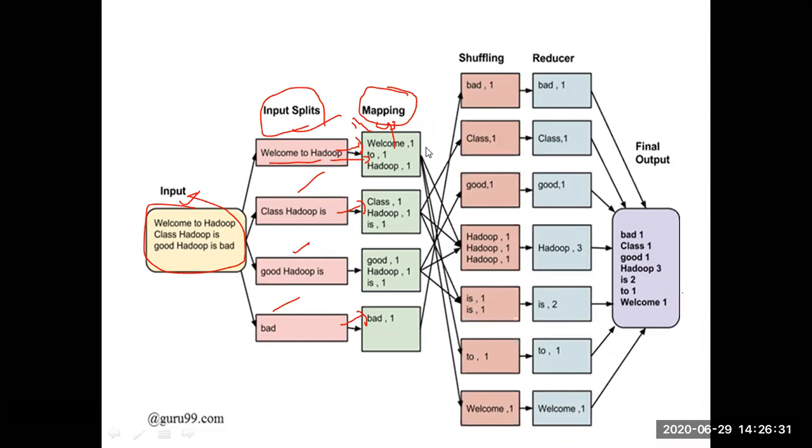The mapping function is working parallelly on file 1, file 2, file 3, file 4, so the processing will be very fast. After the mapping function's duty is over, the next task is called shuffling.